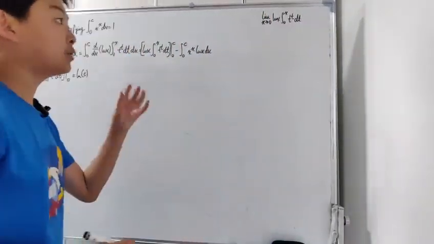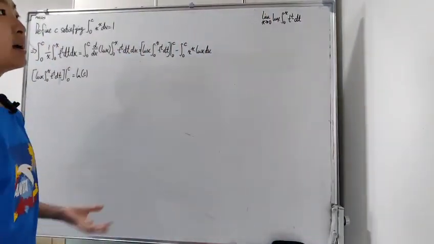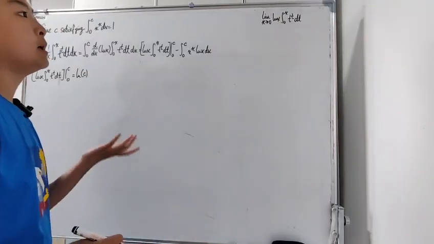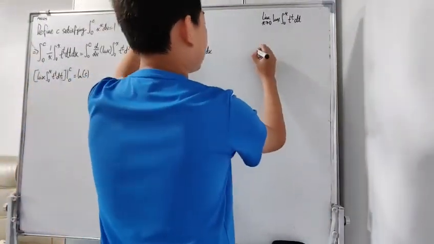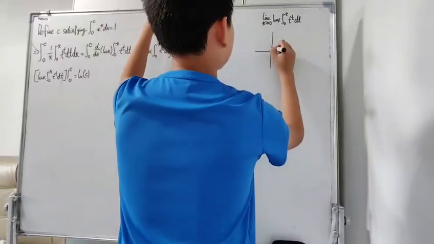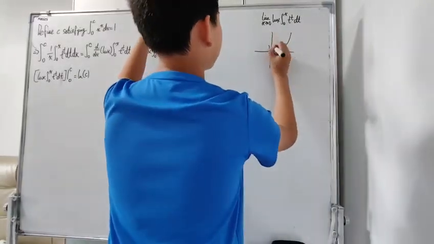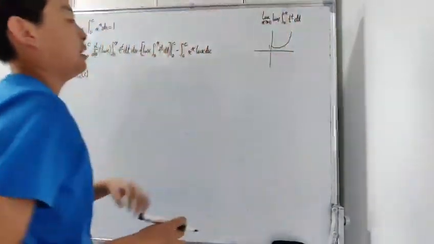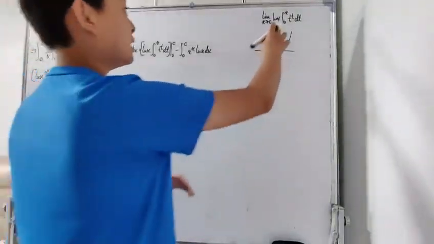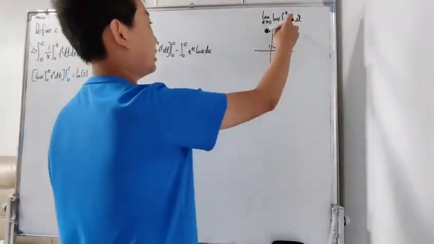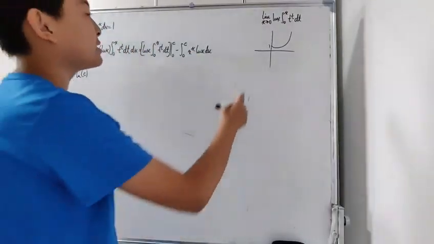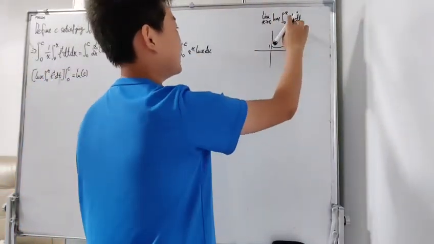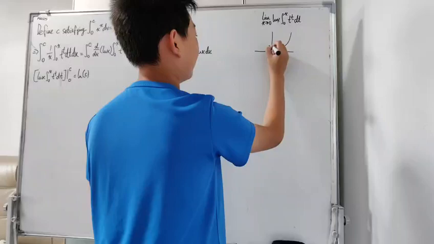Now, you could do the standard way of evaluating limits, or you could realize that the graph of t to the t looks kind of like this. It starts from 1, it goes down, and it goes up again. And this is useful because if we're taking x to be 0, when x is approximately 0, t to the t is approximately 1.